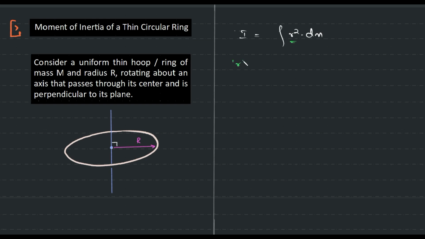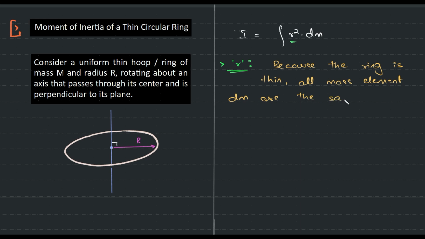Because the ring is thin, all mass elements dm are at the same distance. What is the distance? Yes, r. Then we have dm itself.